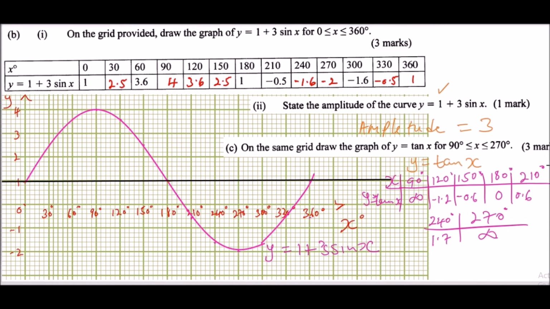So with these values, we are going to plot the graph of y is equals to tan x. We mark the points. At 90, we say it is at infinity. At 120, it is minus 1.2.